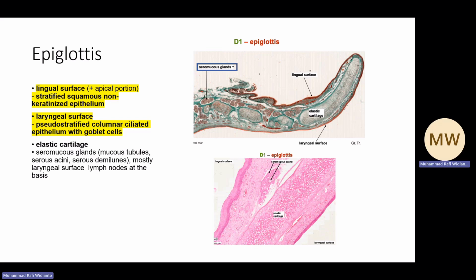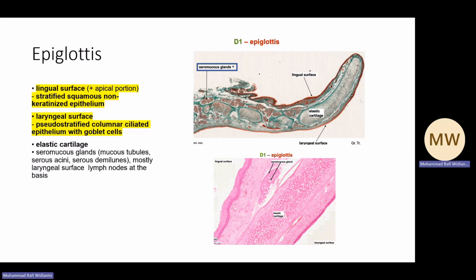And it also contains the serous mucous glands, which contain both the mucous tubules and the serous acini, also equipped with the serous demilunes, which are filled with actin filaments to basically push the contents out from these glands. And mostly in the laryngeal surface, we have the lymph nodes. And like with other lymphoid tissues, like the tonsils and the adenoids, they play a very important role in immune defense or immune surveillance of the upper respiratory tract.